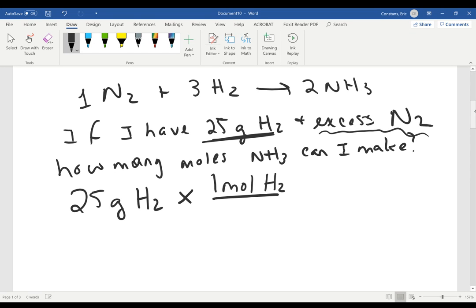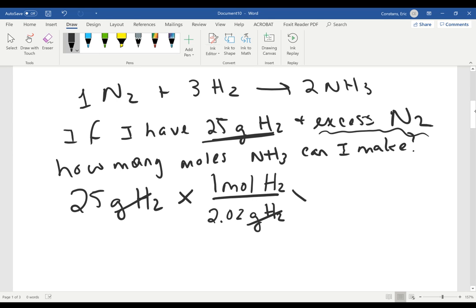I want to end up with moles on top, and I want to be able to cancel out grams diagonally. The molar mass of hydrogen is 2.02 grams per mole. There are 2 hydrogen atoms in it, so each hydrogen is 1.01 grams, so 2 of them is 2.02. So notice that grams of hydrogen will cancel out like that.